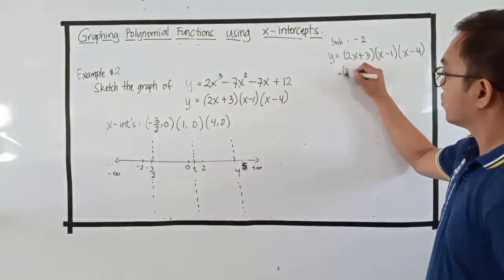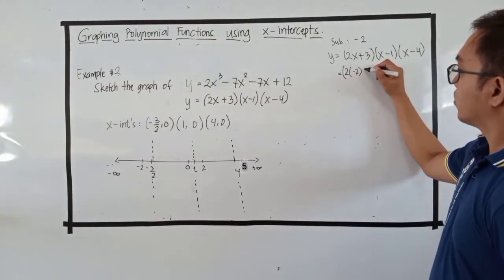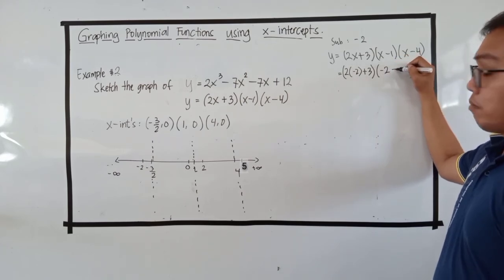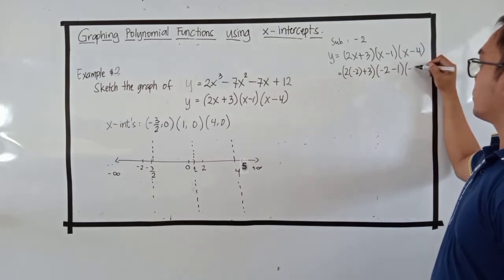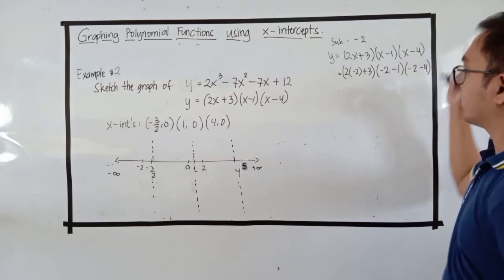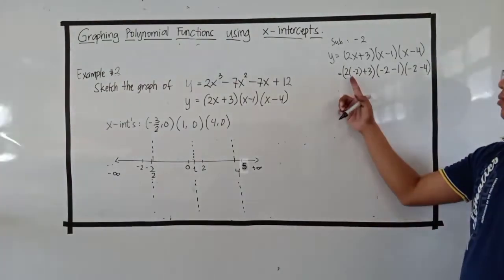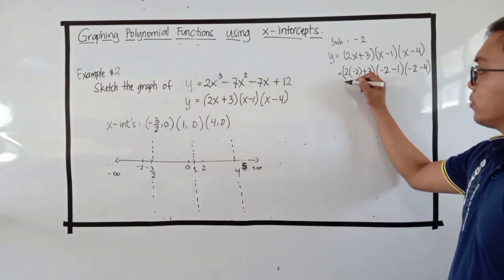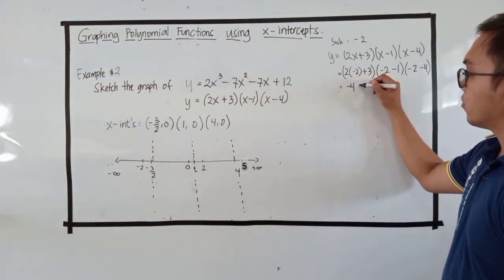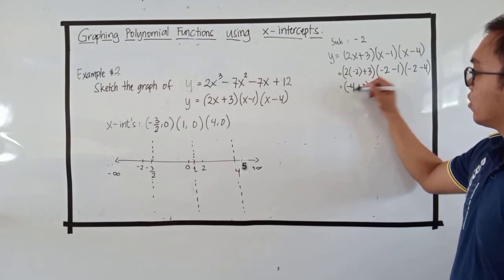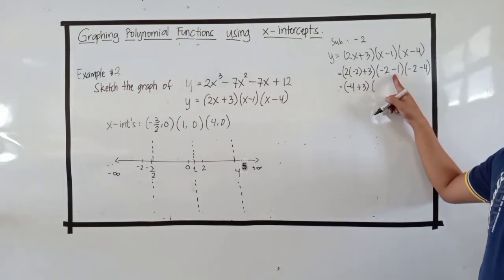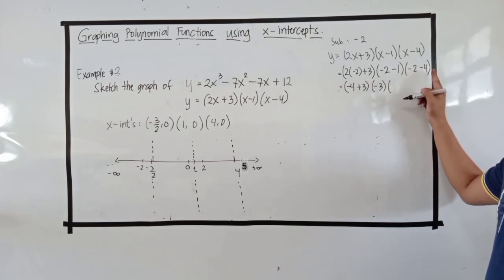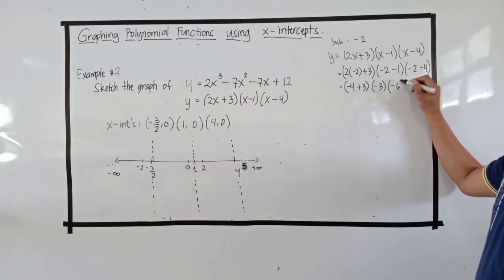So 2 times negative 2 plus 3, times negative 2 minus 1, times negative 2 minus 4. 2 times negative 2 is negative 4, plus 3. Negative 2 minus 1 is negative 3. Negative 2 minus 4 is negative 6.